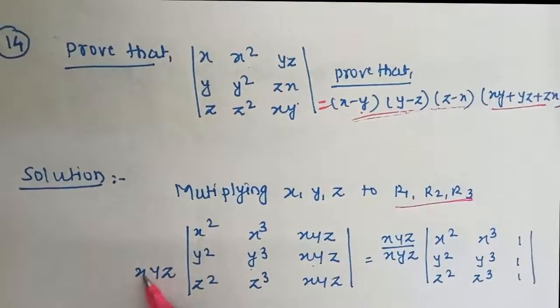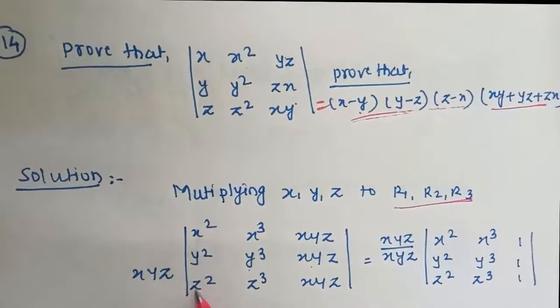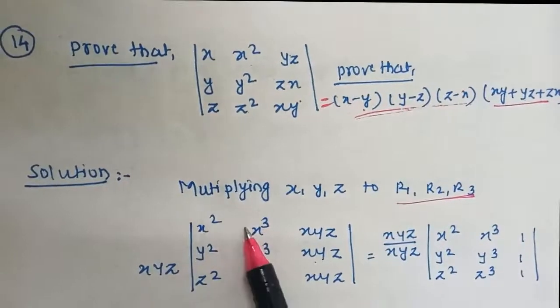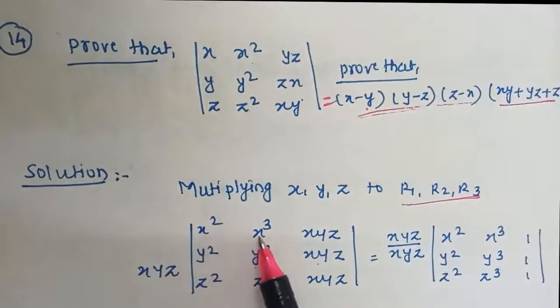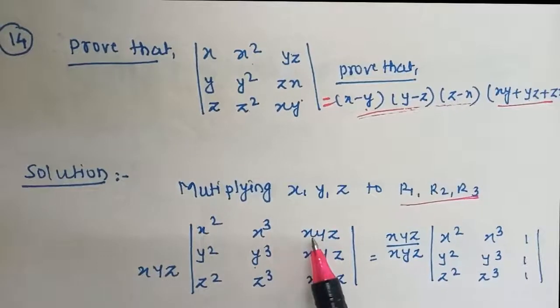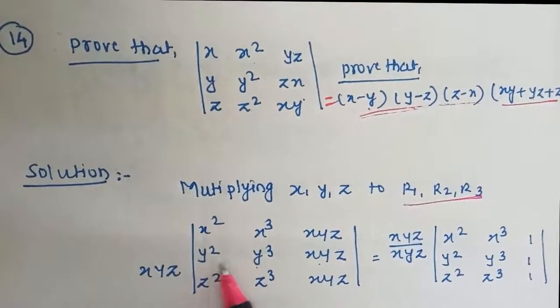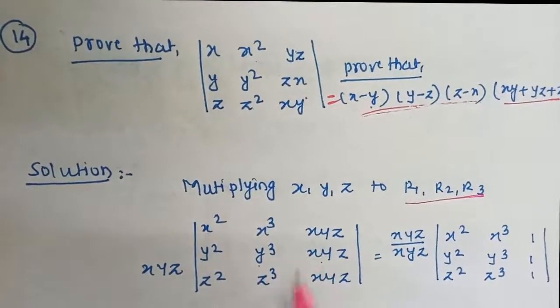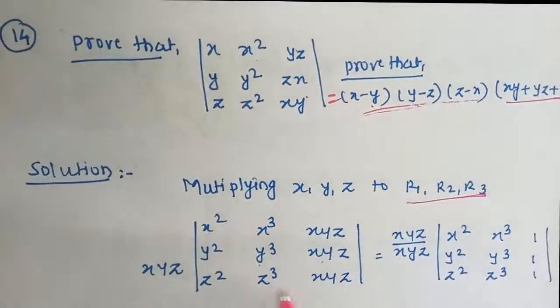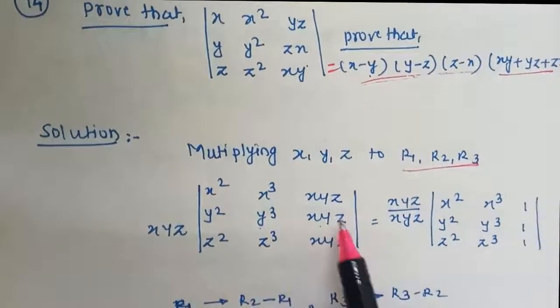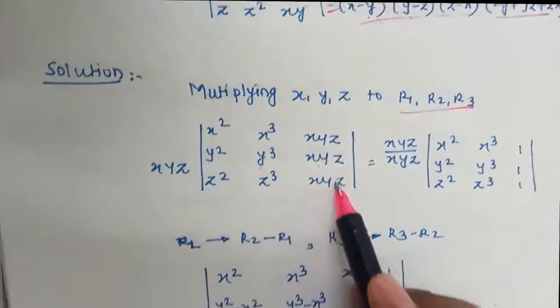Since I'm multiplying, xyz determinant: the first row becomes x square, x cube, xyz; the second row becomes y square, y cube, xyz; the third row becomes z square, z cube, xyz. Now look at the column here.